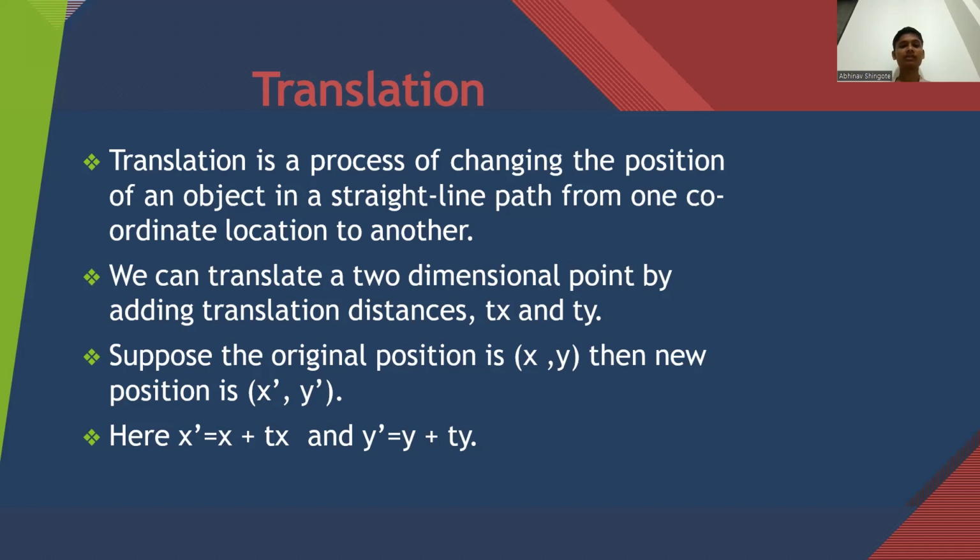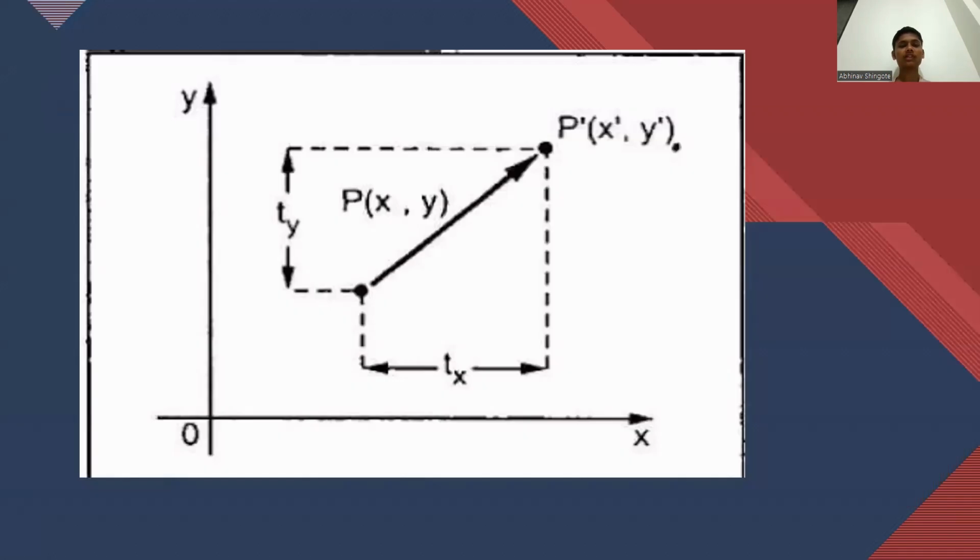X means the old position and dx means the translation along the x-axis. So in this picture, there is P of x, y, which means its old position, and P dash, x dash, y dash, which means the new position. Tx means translation along the x-axis and ty means translation along the y-axis.